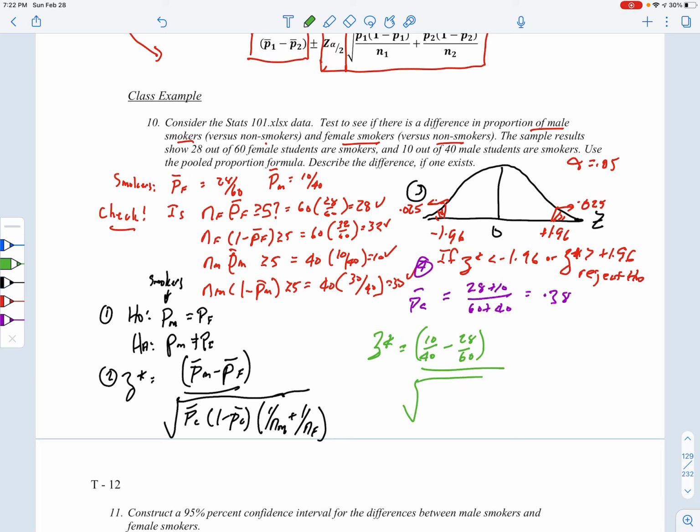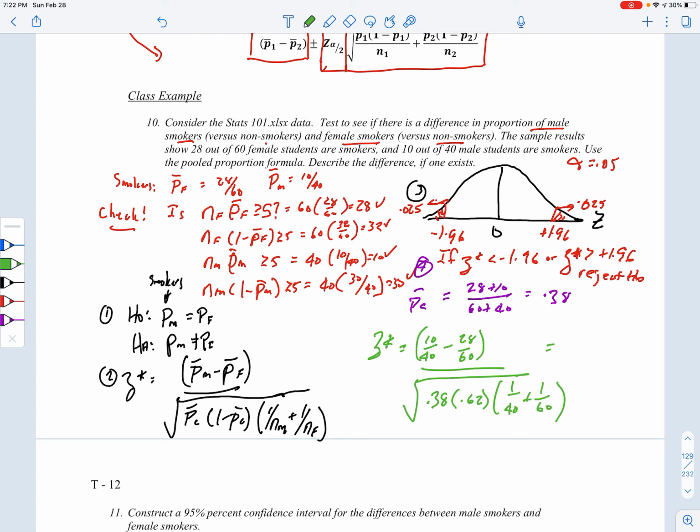And then down here we would have 0.38 times 1 minus 0.38, which is 0.62, times 1 over 40 plus 1 over 60, like that.